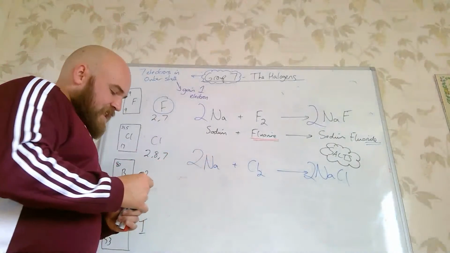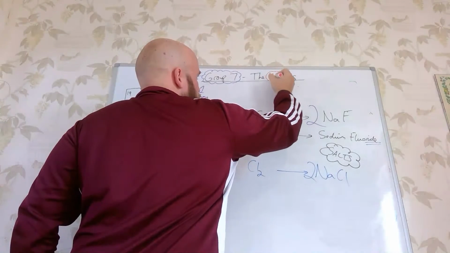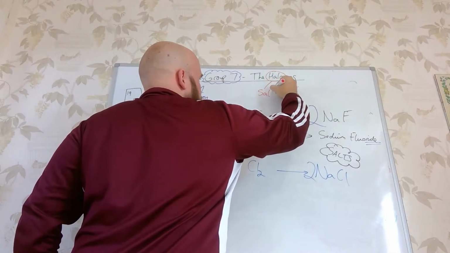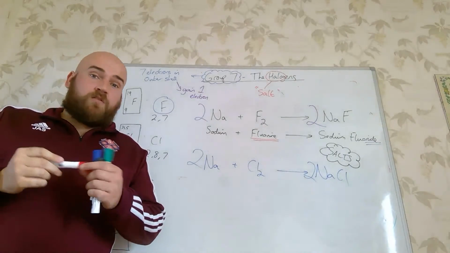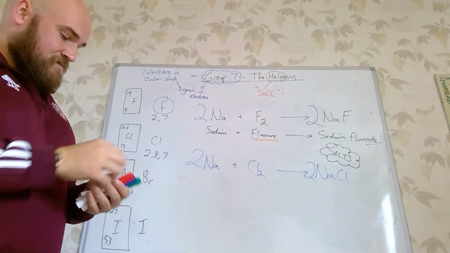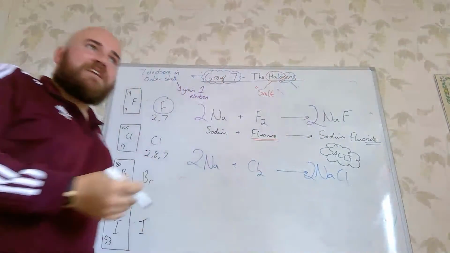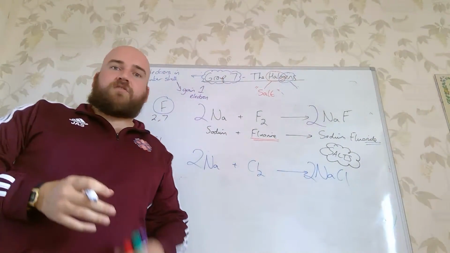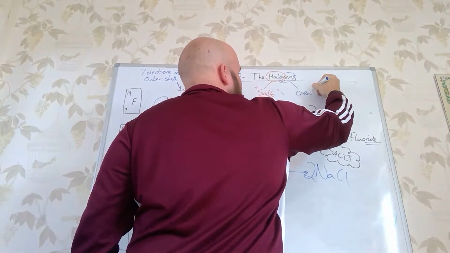And that's where they get their name from, because halogens, halo, actually means salt. And gens, or gen, actually means genesis. So if you think about Genesis, or in terms of the Bible, it's sort of like beginnings, it's like creation. So it's like salt creator. And that's what halogens actually mean.